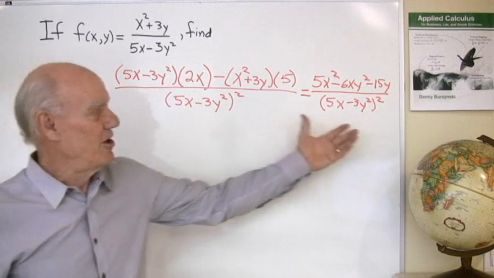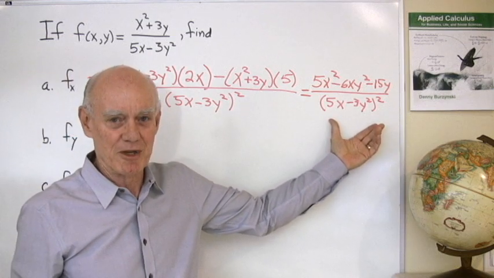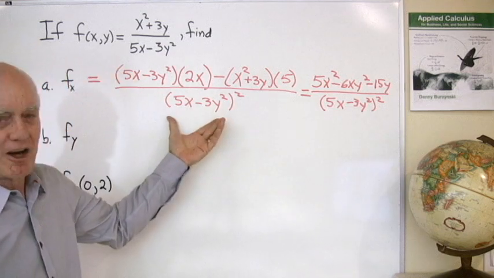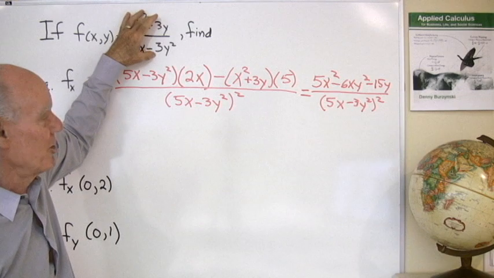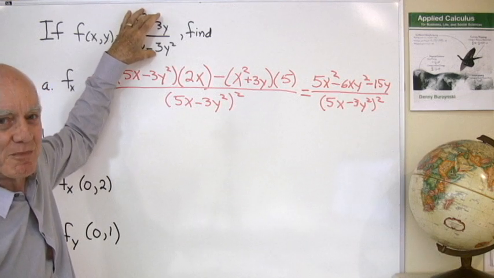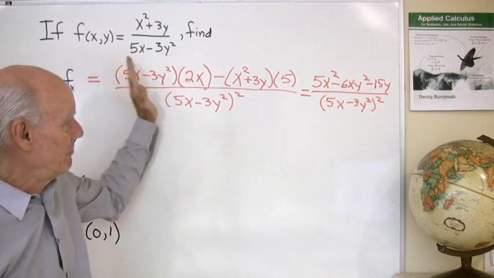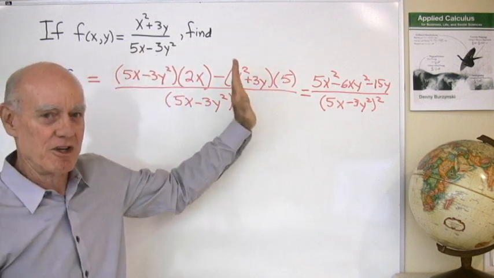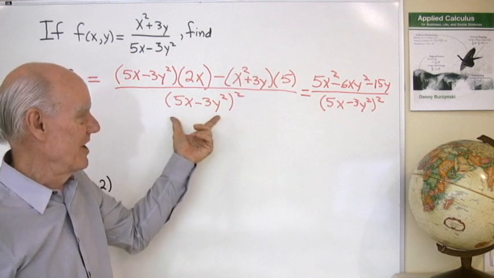From here to here is just algebra. If you make a mistake in what you get right here, you've just made a mistake in algebra. This is the calculus part of the problem: the quotient rule, differentiating with respect to x, and treating all the other variables besides x as constants.